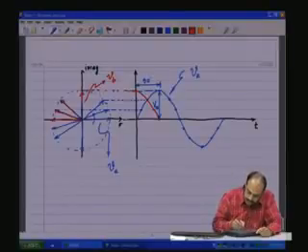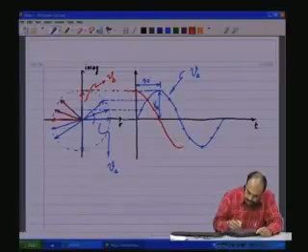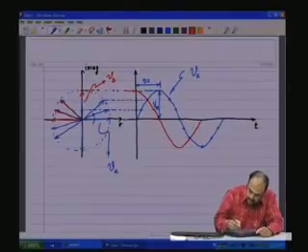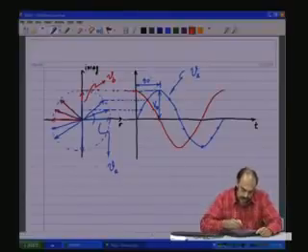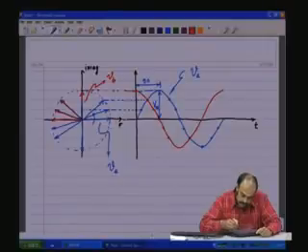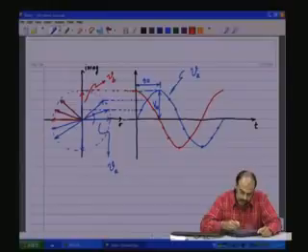So, we see that we will be obtaining a wave something like that. And it keeps going on like this. So, you will have a point here at different corresponding points. This is how it will look.